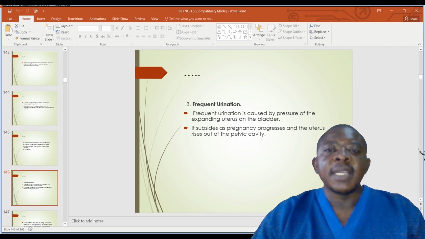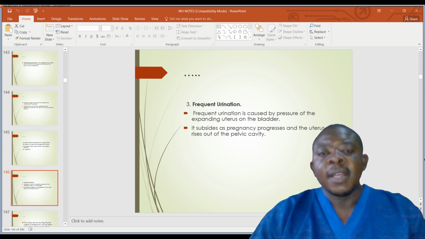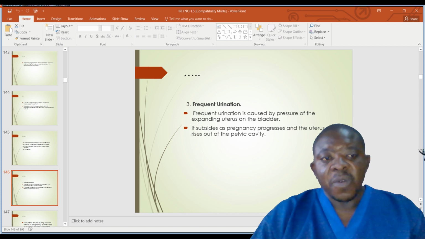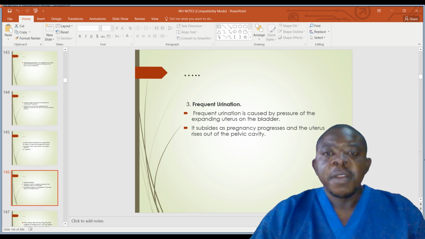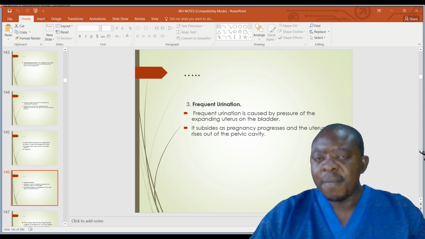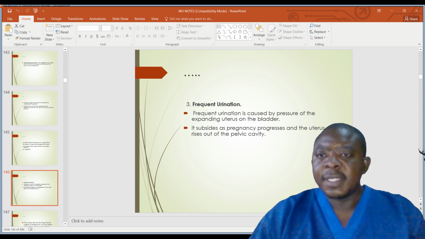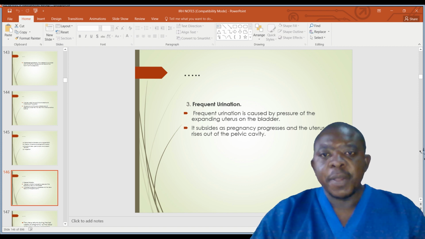Frequent urination as the third presumptive sign and symptom of pregnancy. Frequent urination is caused by pressure of the expanding uterus on the bladder. It subsides as pregnancy progresses and the uterus rises out of the pelvic cavity.